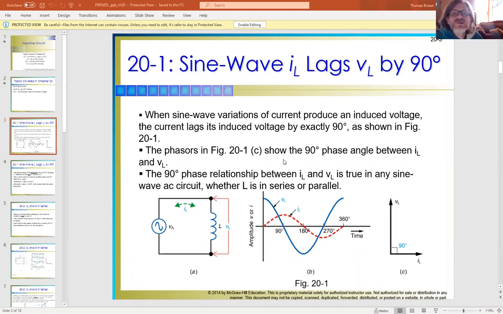This is a big one right here, right? The sine wave of current here, see that the IL lags the VL by 90 degrees. We've got an example here in A with just an energy source and just a straight inductor. So we develop our voltage here.